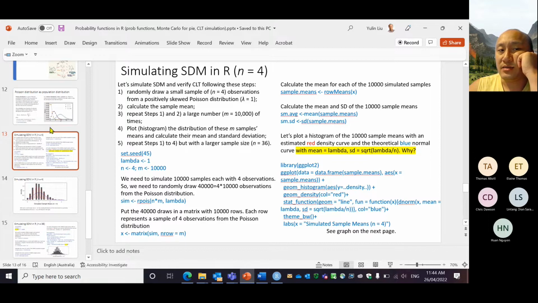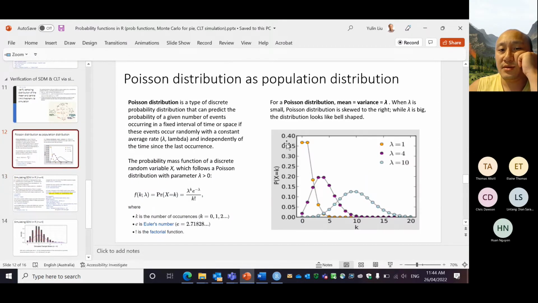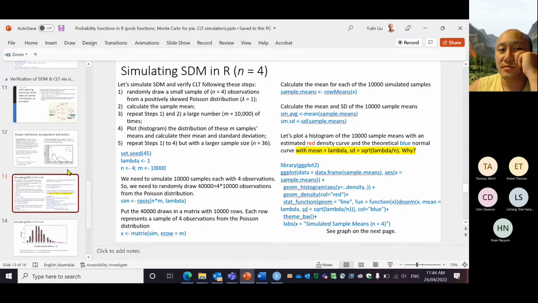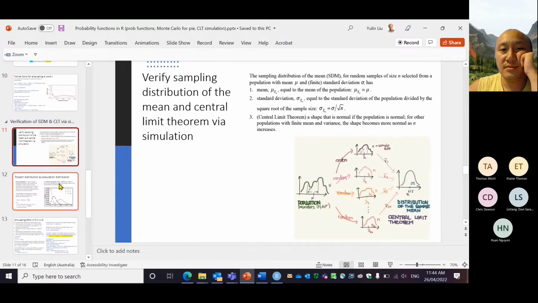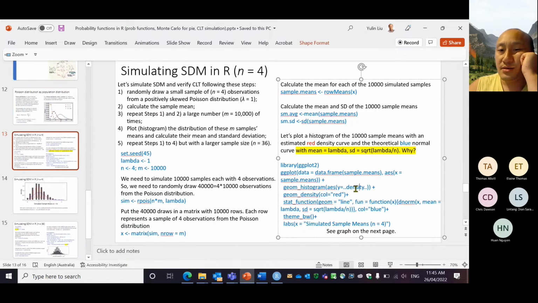The answer is actually given to you here, in the central limit theorem, the second point. The standard deviation of the sampling distribution of the mean is equal to the population standard deviation divided by the square root of the sample size. So that's what we do here.